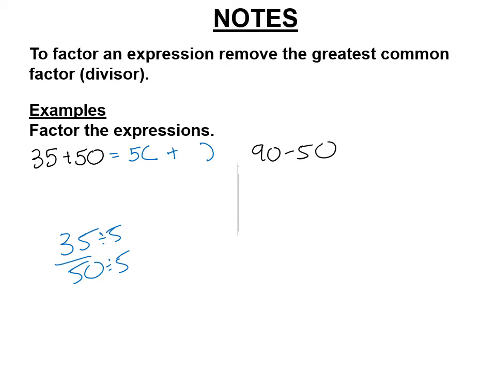So let's see that. So 35 divided by 5 is 7. 50 divided by 5 is 10. So here, right, we removed 5 from 35. We put 7. We remove 5 from 50, you get 10. And this is called factoring the expression, okay?